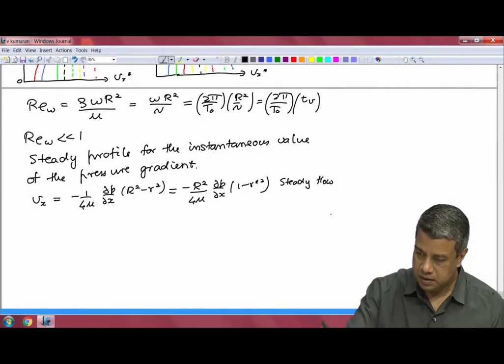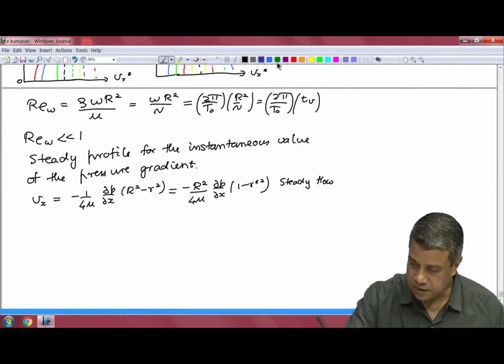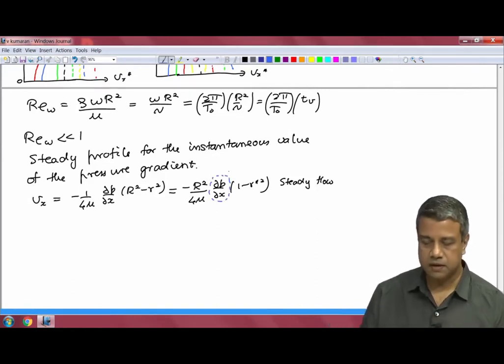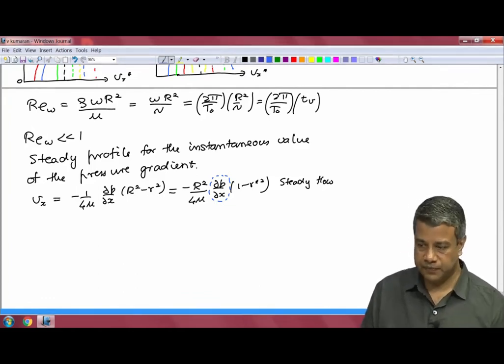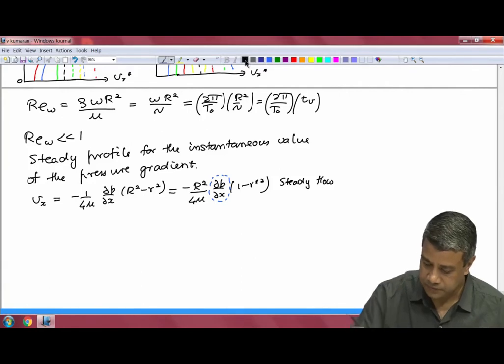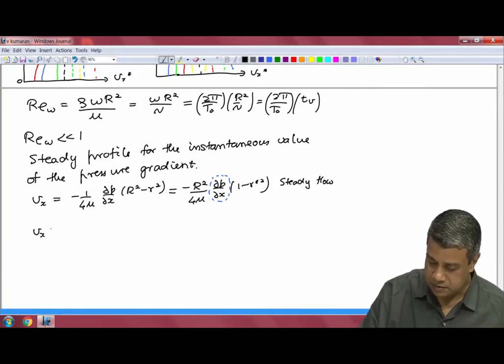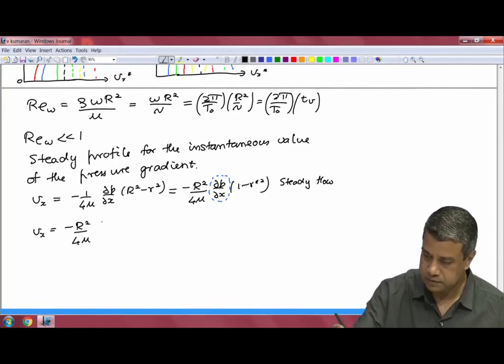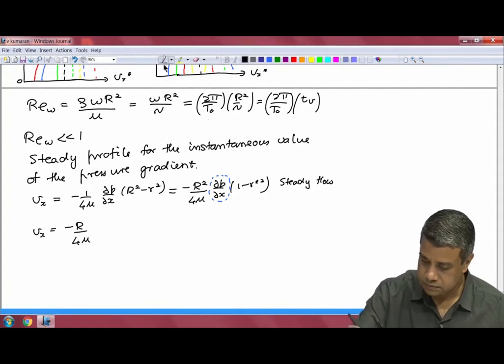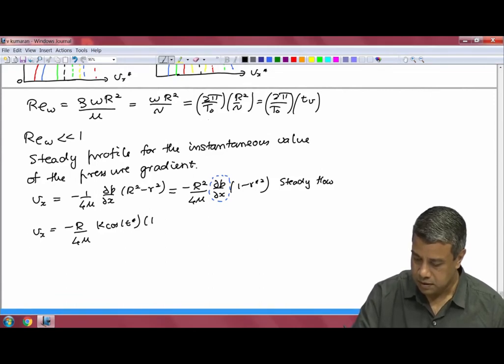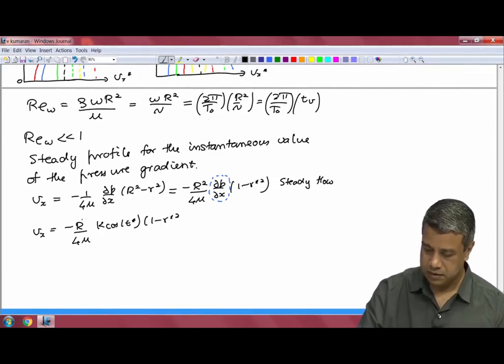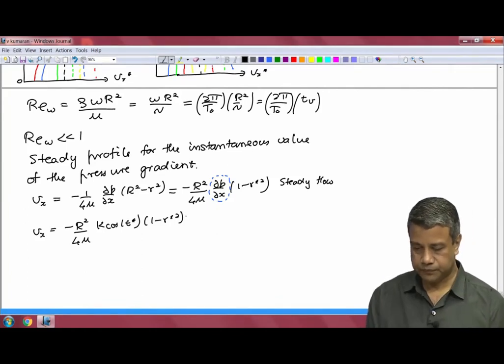If for this pressure gradient I substitute the instantaneous value of the pressure gradient for an oscillatory pressure function, then my solution for Vx will be equal to minus R square by 4 mu k cos t into 1 minus r star square.